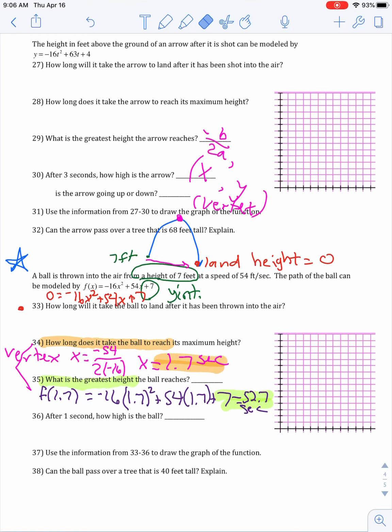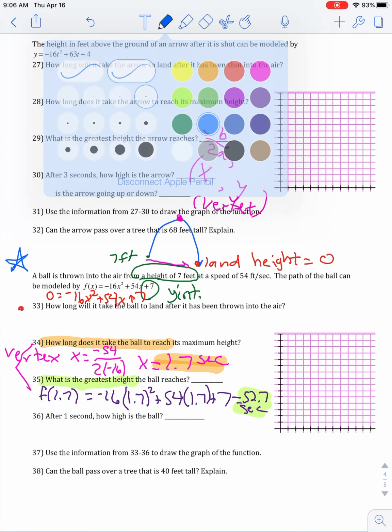Those are going to be pieces of information. That's going to be my vertex.